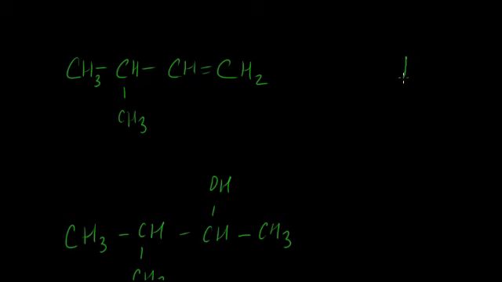We know that it's going to be bute, and we know then we need the ene. Now we need to know, is it going to be 1, 2, 3, 4, or is it going to be 1, 2, 3, 4? Well, let me erase both of those, and let's try to determine.